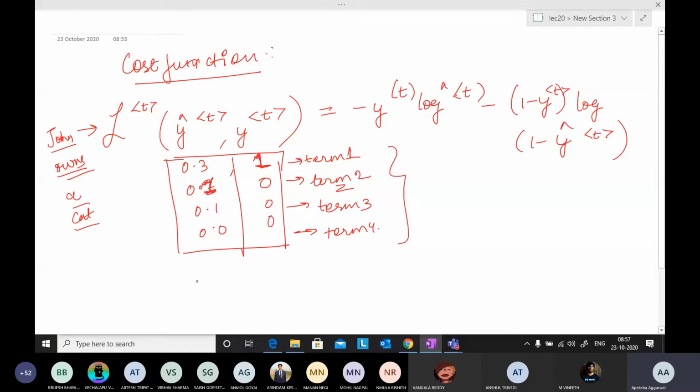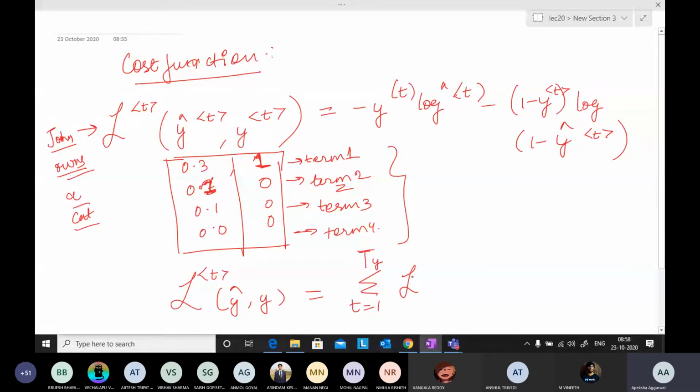The total loss formula is equal to the sum over all the outputs that we have. Ty is the number of outputs, the number of terms in the output. If it is many to 1, Ty would be 1. If it is many to many, Ty would be 4. For each individual loss of individual y, we sum all these individual losses.